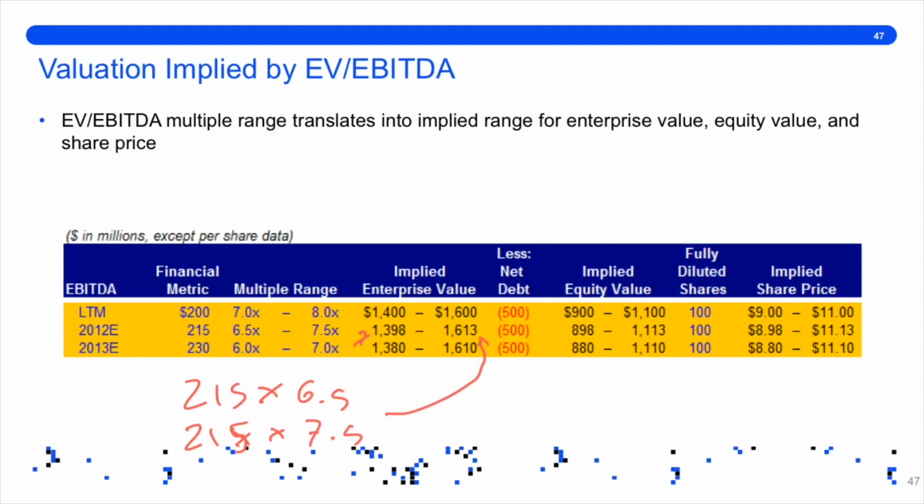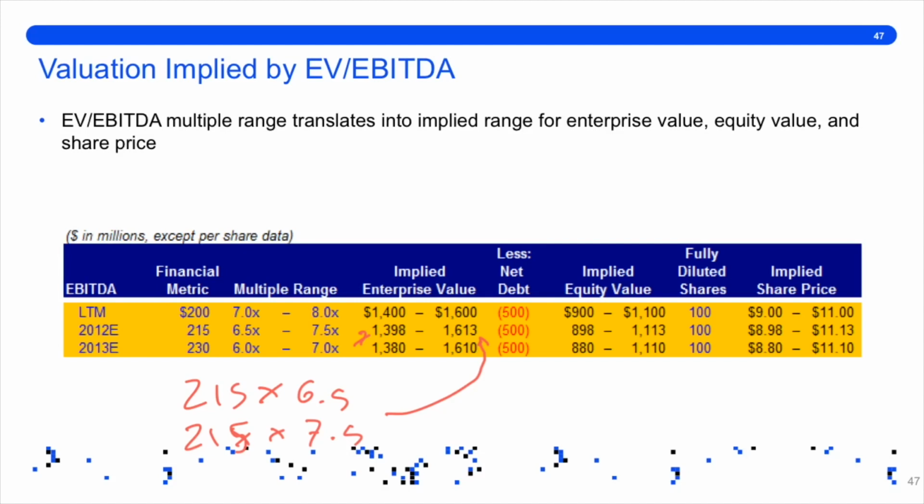And we look at the price. As you can see here, it's already giving you a hint. You never use a single multiple. In this case, we are using 3. We have enterprise value to EBITDA on 3 different time scales. Last 12 months, predicted 2012, predicted 2013. Or forward 2012, forward 2013. That's technical terminology.